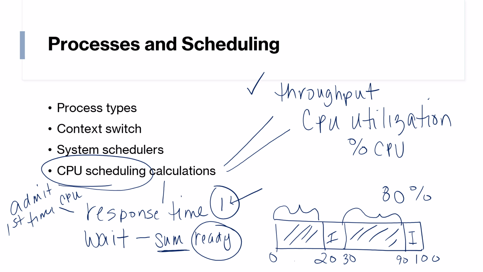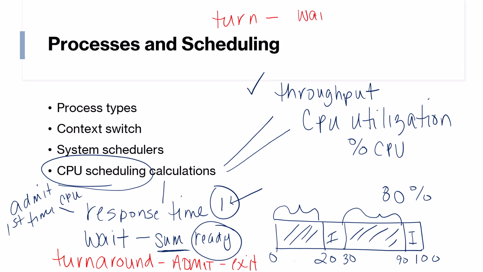And then our last calculation is turnaround time. Turnaround time is the total time from admit until exit. So that's the sum of the periods. So for turnaround, you would add up your waiting time.